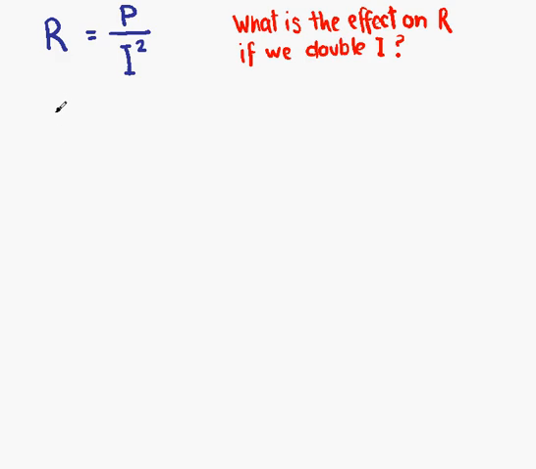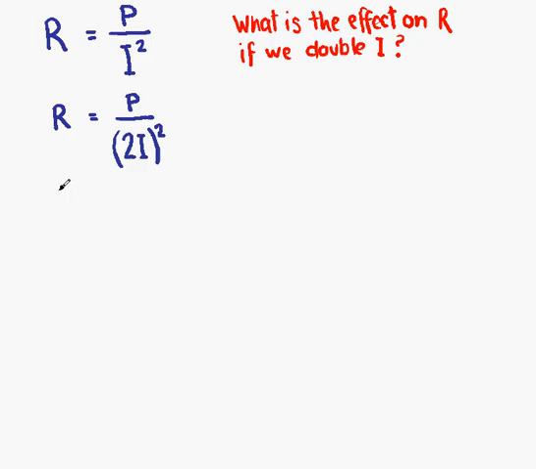Writing the formula down again, we have R equals P over, and this time we are going to double I, which is 2I, and we know that that is being squared. So we have R equals P over 2I all squared.